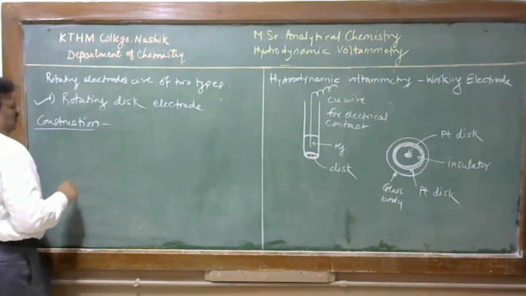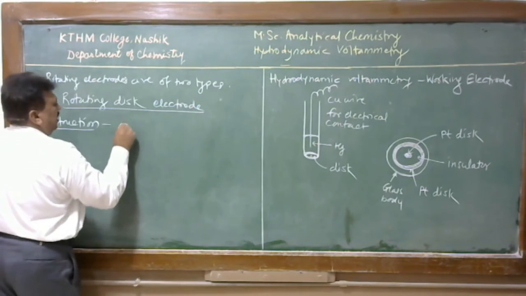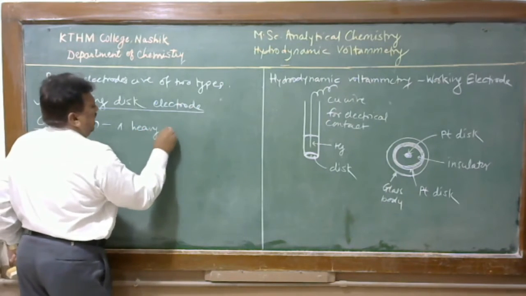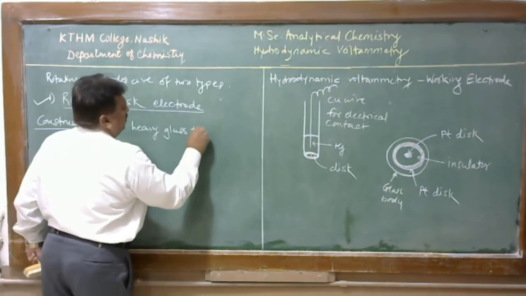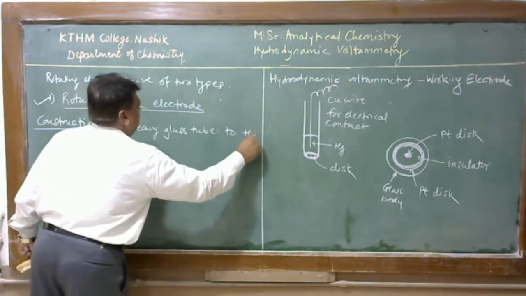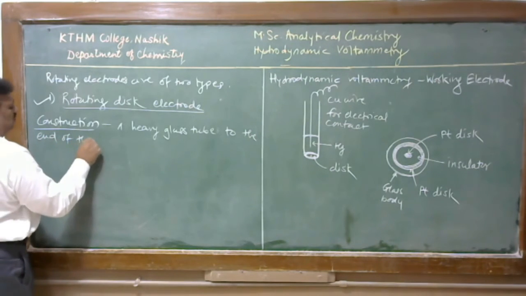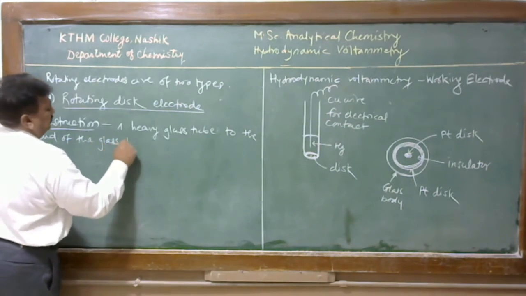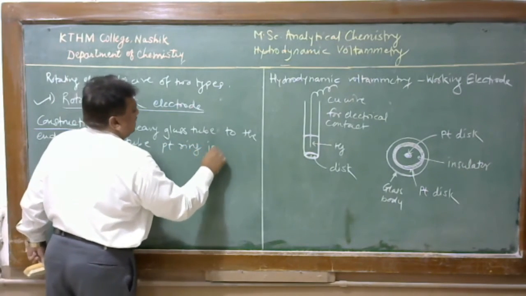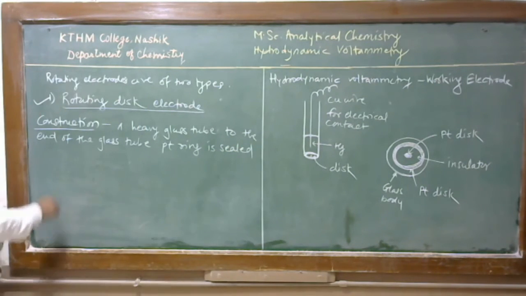Therefore, the rotating disc electrode consists of a heavy glass tube, and to one end of the glass tube a platinum ring is sealed, as shown in the figure.